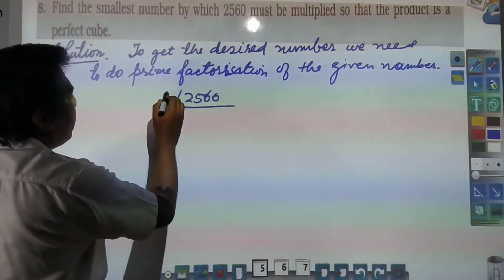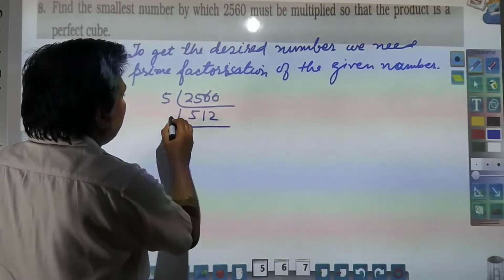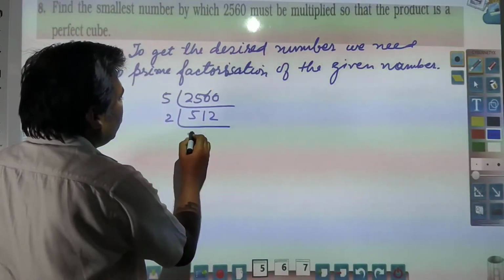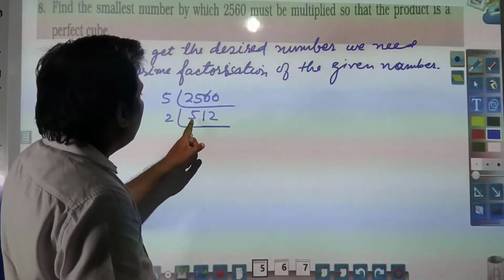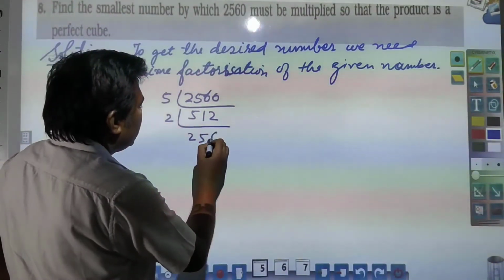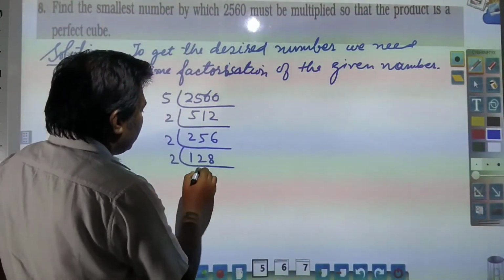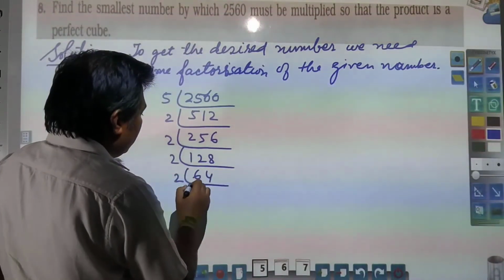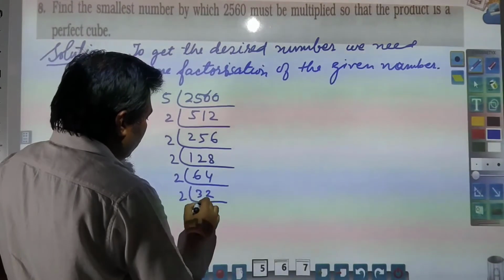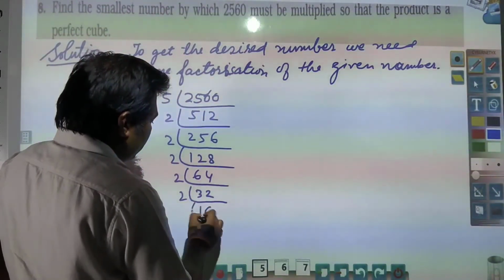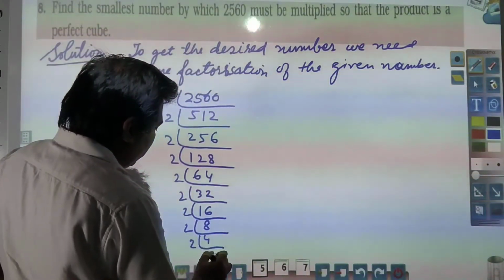You find out 5 fives are 25, 5 ones are 5, 5 twos are 10, 2 twos are 4, 2 twos are 4, and 2 fives are 10, 2 sixes are 12, 2 ones are 2, 2 twos are 4, 2 eights are 16, 2 sixes are 12, 2 fours are 8, 2 threes are 6, and 2 twos are 4, 2 ones are 2.